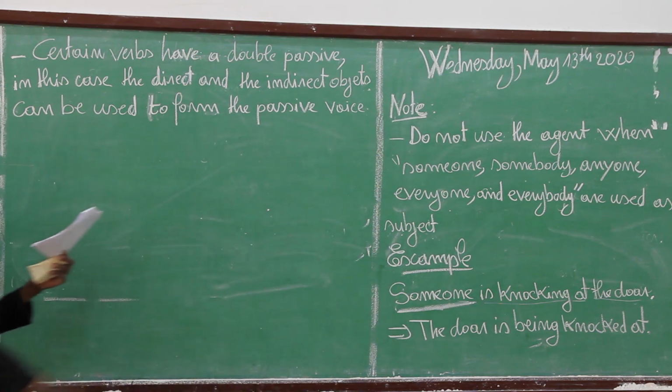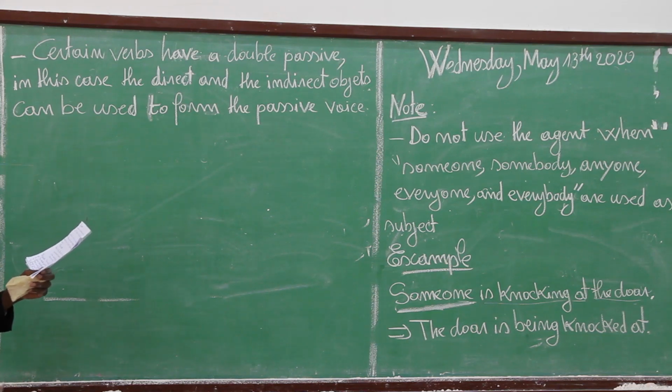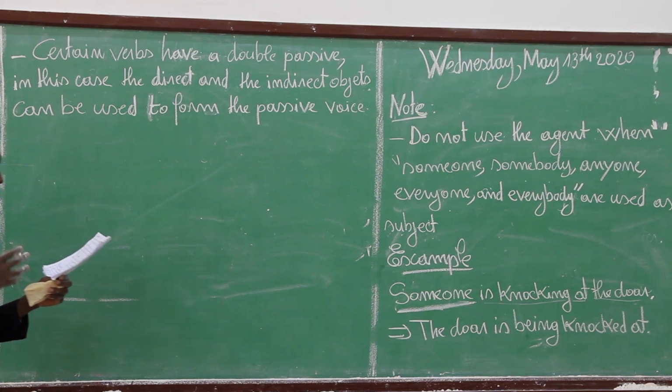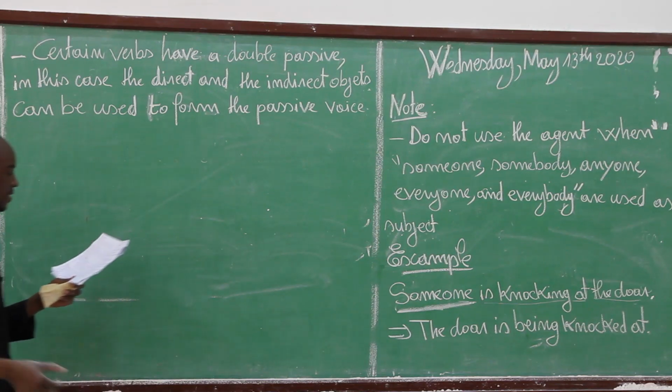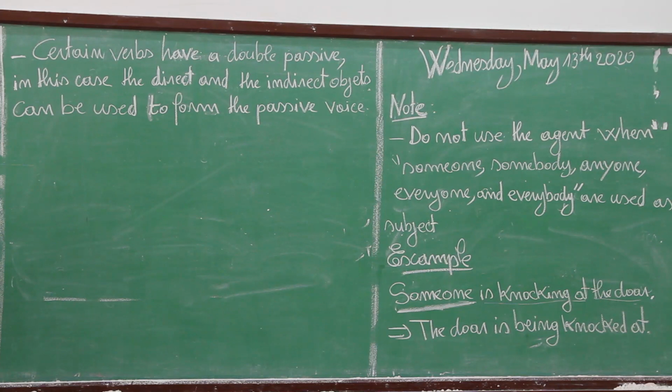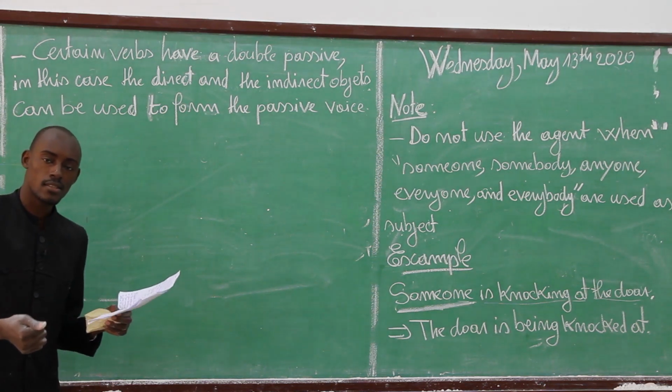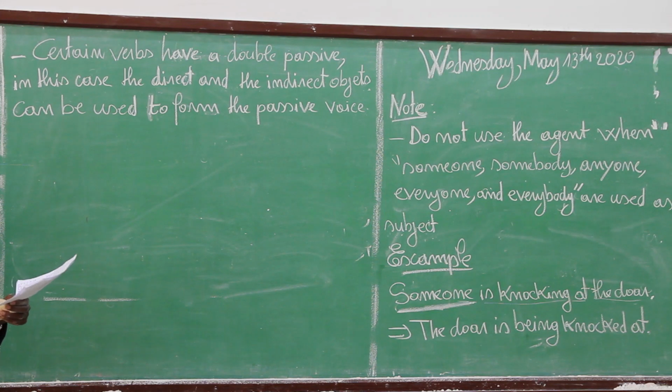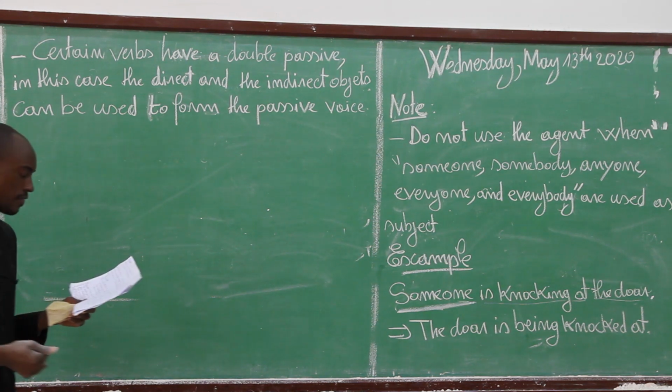Okay, here we are dealing with sentences in which we can have two objects. We can have direct objects, we can have indirect objects. And these objects can be used in a passive voice.